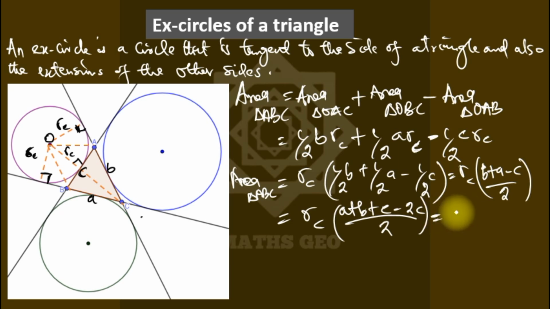This is the same as R subscript C times (A plus B plus C minus 2C) over 2, where A plus B plus C over 2 is our semi-perimeter.